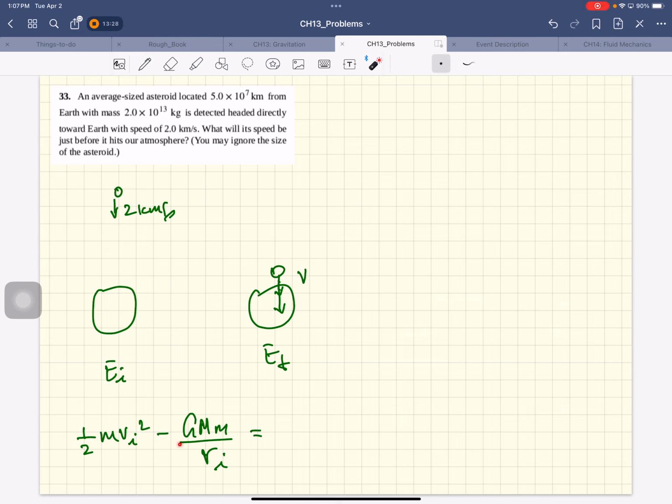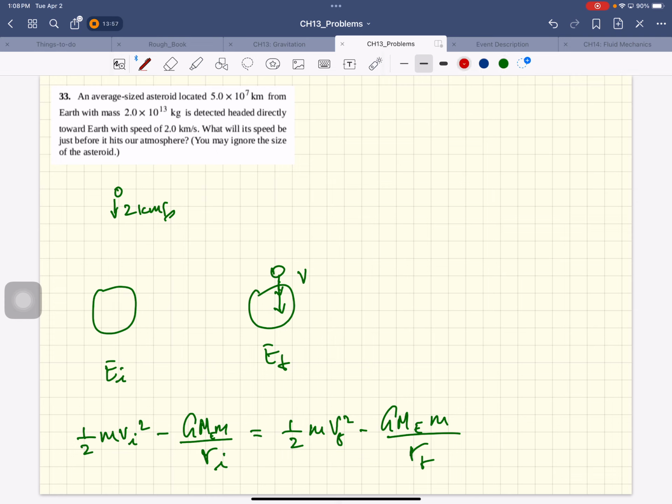This is the correct formula for the potential energy. And that's the mass of the Earth. Our final is just the radius of the Earth, so it's essentially hit the surface of the Earth.